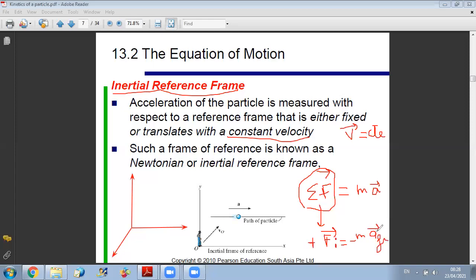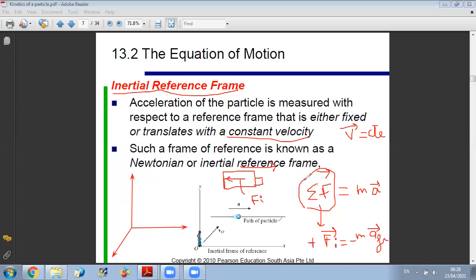Okay, so let's say you are inside a car. This is the car moving. If it's moving at an acceleration A, you will experience inside it a force that is trying to pull you backward. This is called inertia force. I should account for inertia forces when I write my equation of Newton relative to a non-inertial frame, while if I write it relative to a fixed frame, I don't have to add anything.